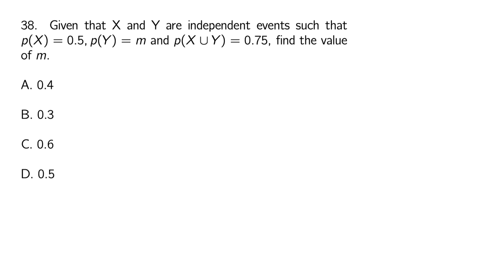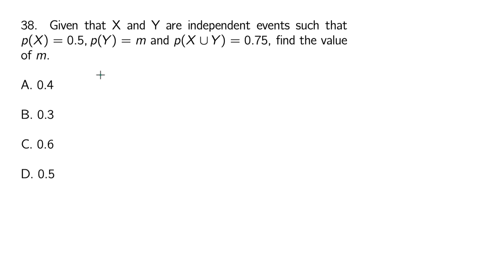All right, the next question is 38. So it's given that x and y are independent events such that the probability of x is 0.5, the probability of y is m, and the probability of x union y is 0.75. Find the value of m.